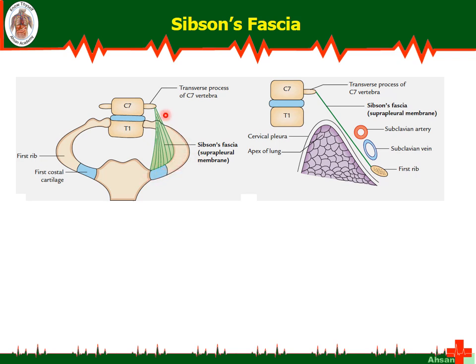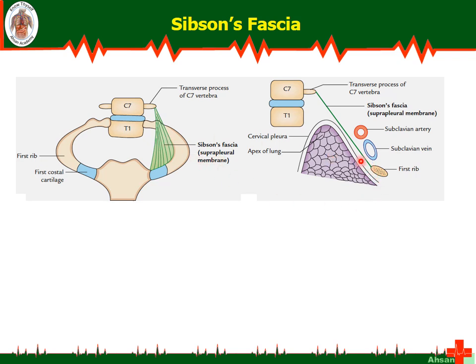This is the articulation of the posterior end. Above that vertebra is the seventh cervical vertebra. This is the transverse process of the seventh cervical vertebra. So this fascia is attached to the inner border, and its tip is attached to the tip of the transverse process of the corresponding side of the cervical 7 vertebra.